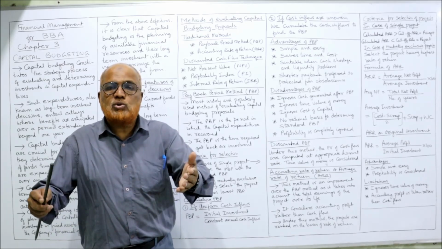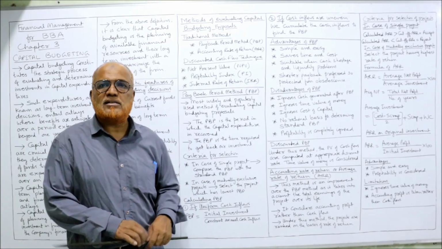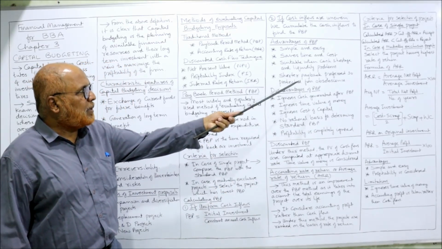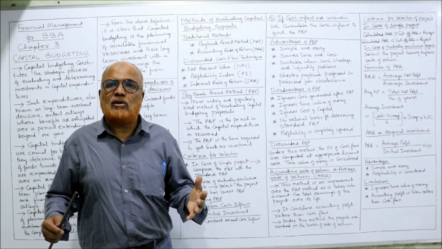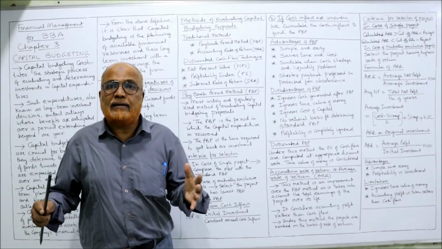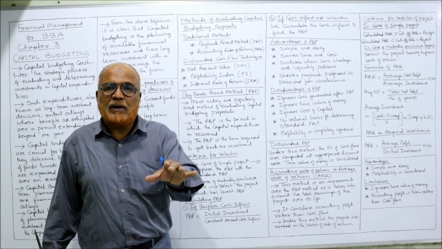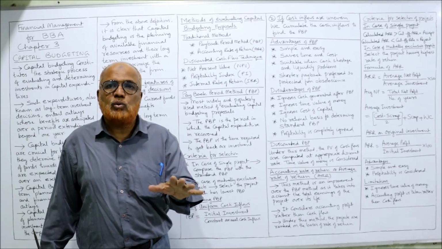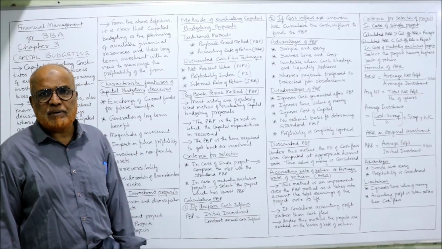The company wants to have cash as early as possible. Then in that case, PBP. Shorter payback period preferred to protect against obsolescence. Nowadays, due to advancement of technology, everything is becoming outdated. In such an obsolescence period, it is better to get back our money as soon as possible. So that's why PBP is better.